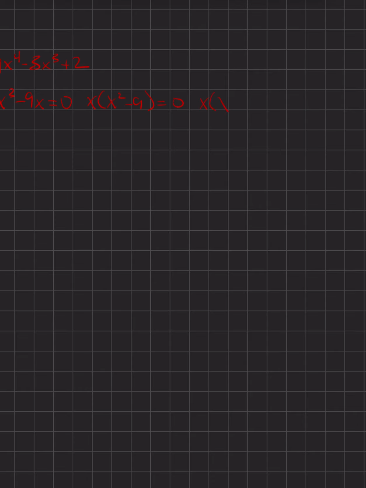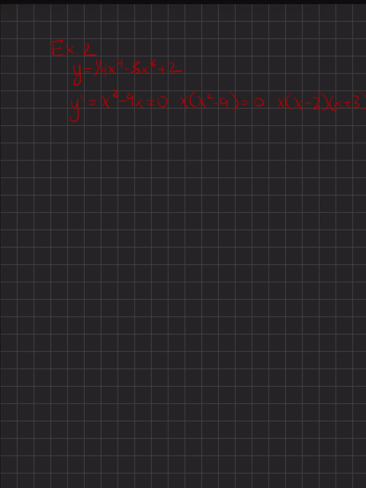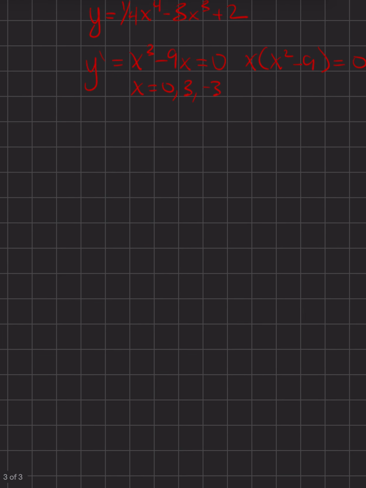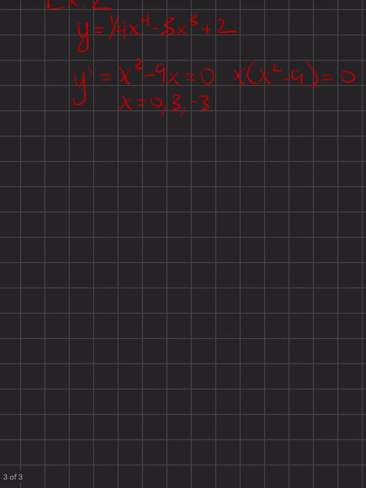So I'm able to do x times (x minus 3) times (x plus 3) is equal to 0. And this is going to tell us that our critical points are at 0, 3, -3. And then here, I'll just star this.